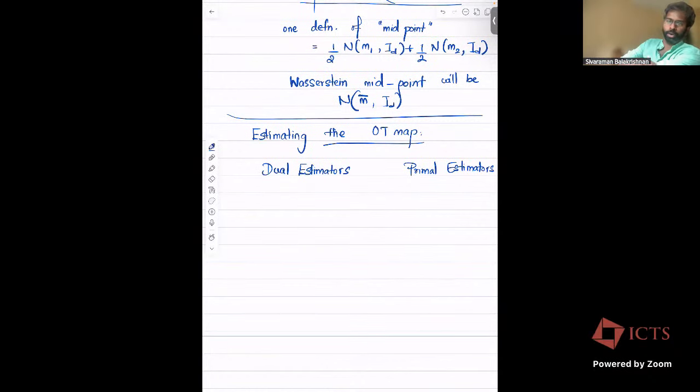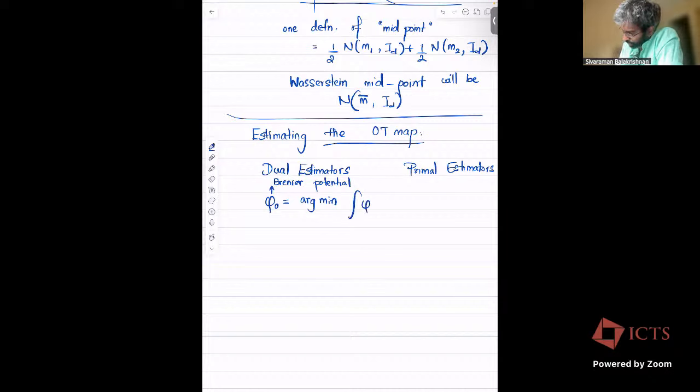So what is the dual principle? Remember that we derived some fact today, or at least we stated it. We said under some conditions, P0 does look like this. This thing will be called the Brenier potential. It's the argmin of the integral of phi d mu plus the integral of phi star d nu over phi, which is convex, say, or phi is in some nice class of functions.